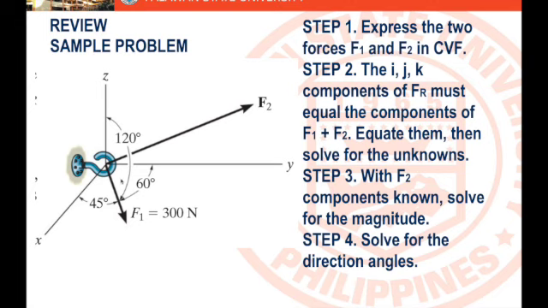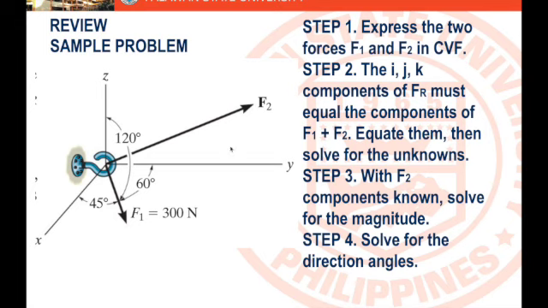But we are given a condition that the resultant of these two vectors acts along the positive y-axis. So it doesn't have x and z components but y component alone. So the step 2, the ijk components of the resultant force must equal the components of F1 plus F2. So we will be doing vector addition here.